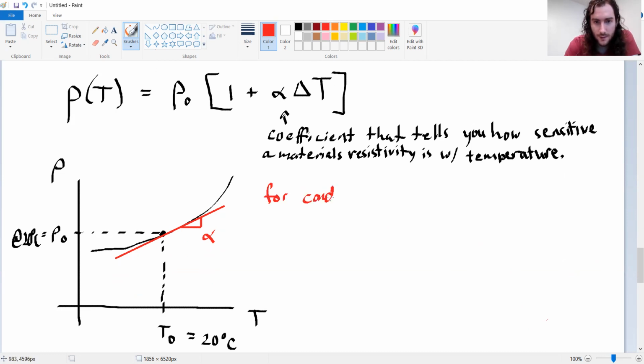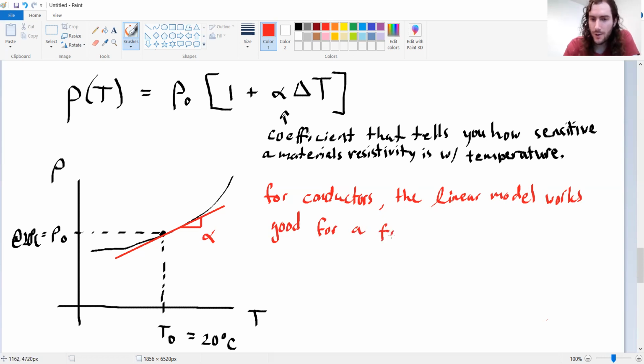So for conductors, the linear model works good for a fairly large range. I think in some cases, ranges can be as high as 200 degrees Celsius or something like that for some metals.